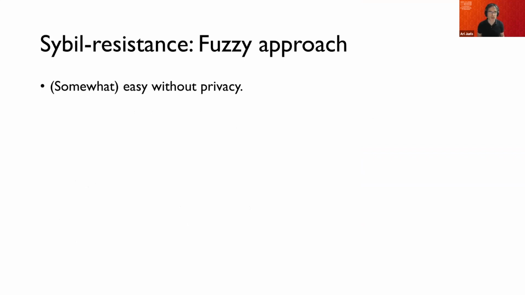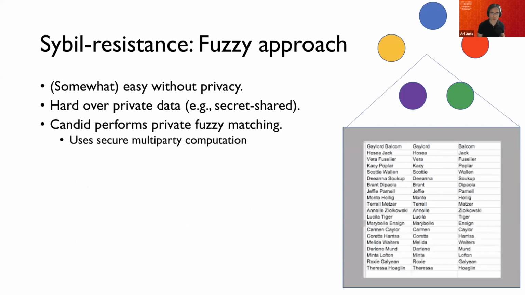If the names of all the users who'd registered with Candid and their addresses and so on and so forth were known to the committee and were presented in the clear to the committee at the time of registration, it would be easy to implement this approach. The challenge is implementing it with privacy. And this is something we need to do using secure multi-party computation. That's the approach that we take in Candid. Right?